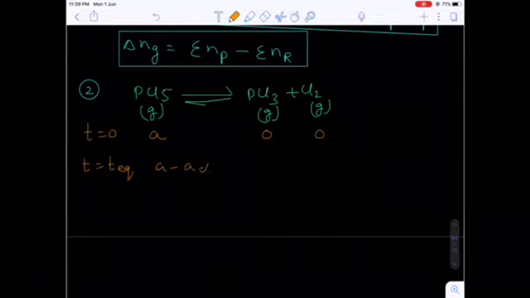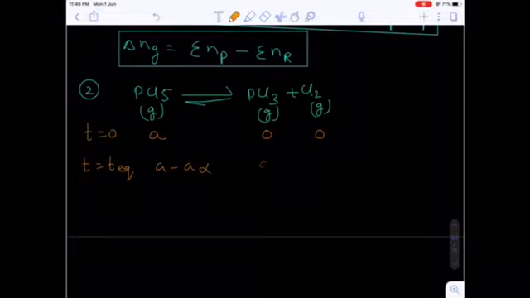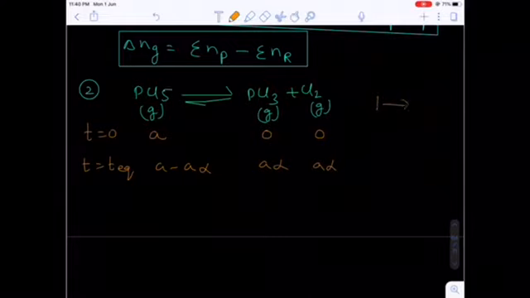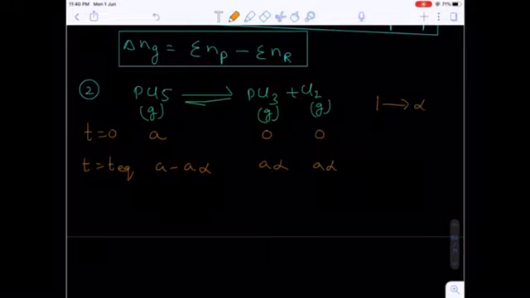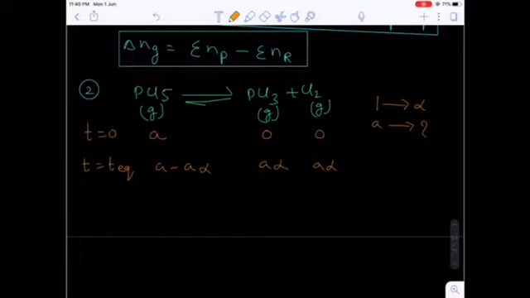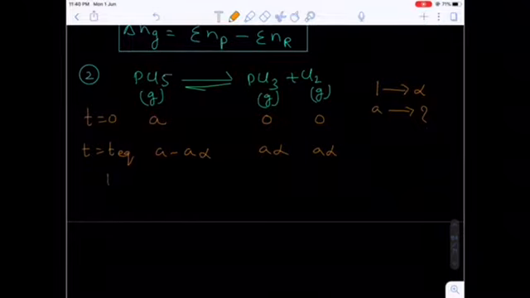Suppose if I am taking a moles, so a alpha moles decompose. Here a alpha moles will be formed, here also a alpha. Are you getting my point? When 1 mole of reactant is taken, alpha mole is dissociated. That is the degree of dissociation for each mole of the reactant. Let's suppose a moles of substance is taken, then how many moles will decompose? Obviously a into alpha moles.